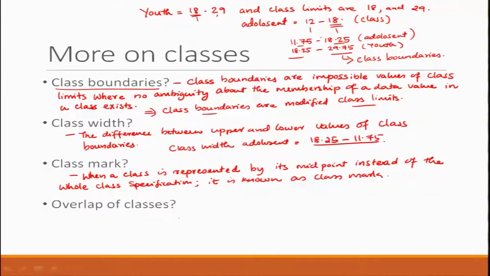So, for example, let us define a class called baby as the age from 0 to 5. Then these are the class limits. Class boundaries, you could probably say as 0 to 5.5.